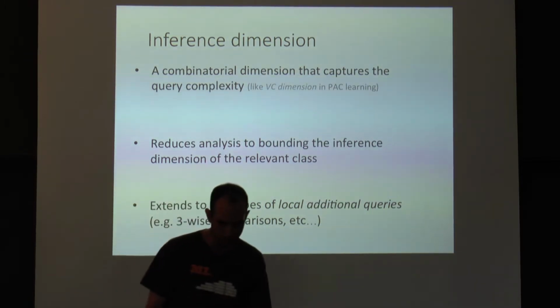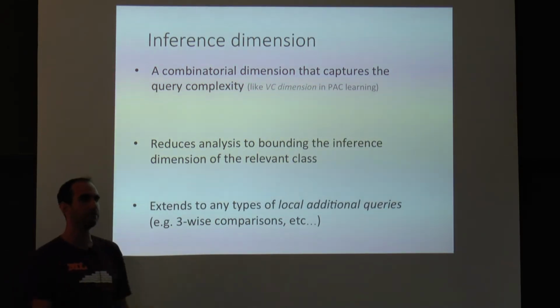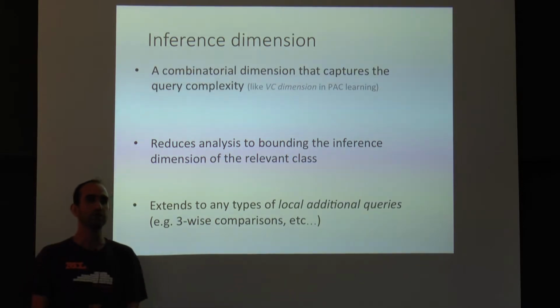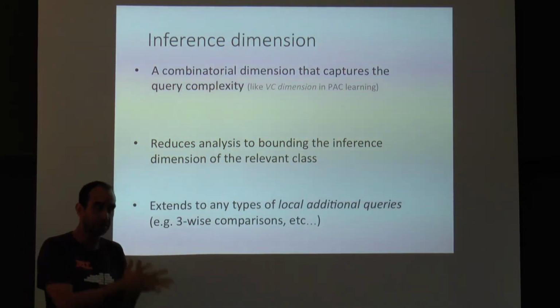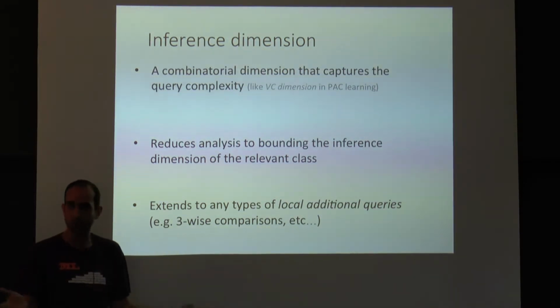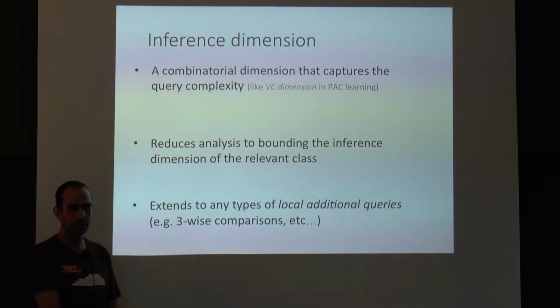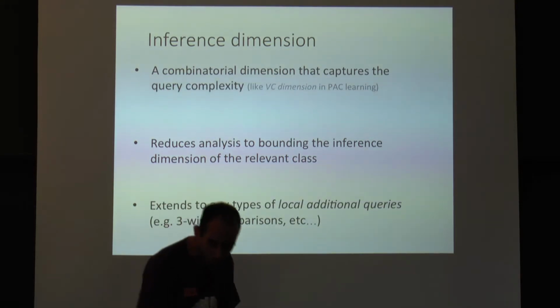And it also extends to any type of local additional queries. So if instead of doing these comparison queries, you do whatever Mark suggested, or the three-wise comparison, then still you will have an inference dimension for this particular setting, which will still capture it. So you can use it for any extension of this model of comparison queries.